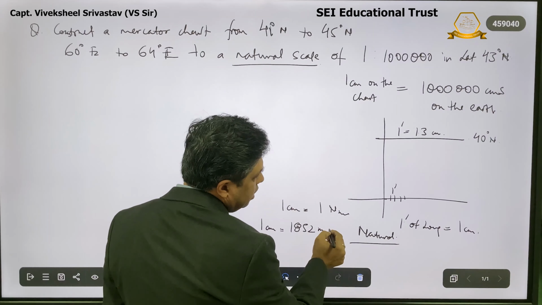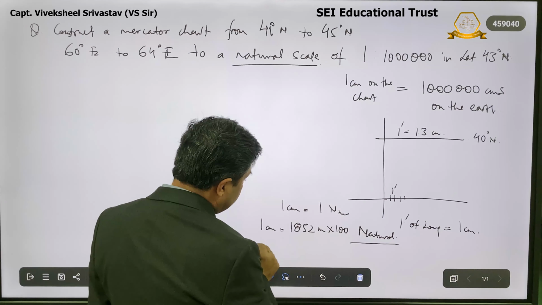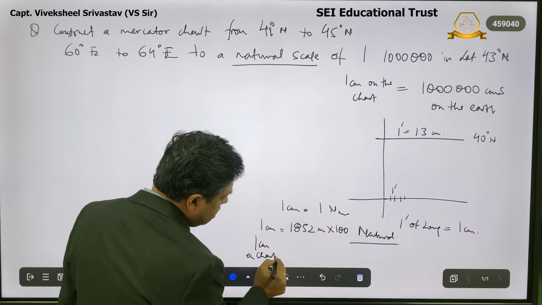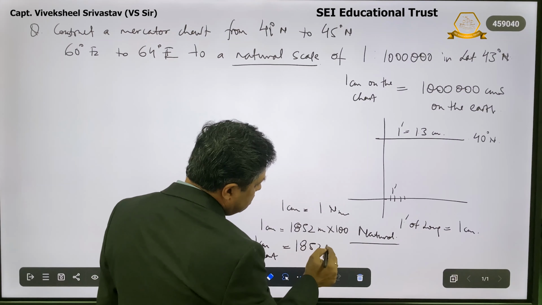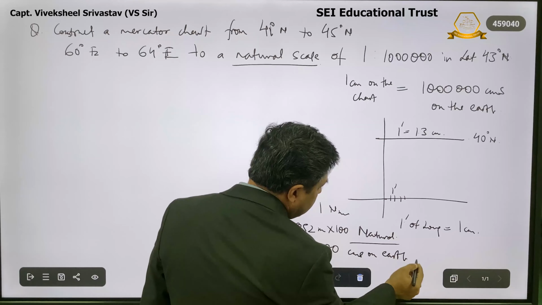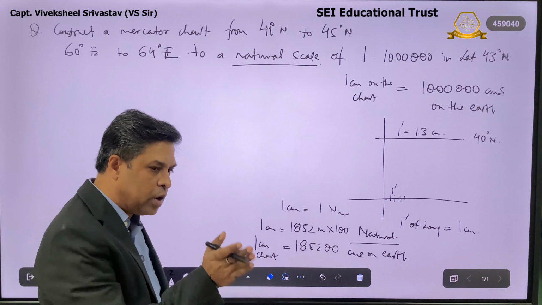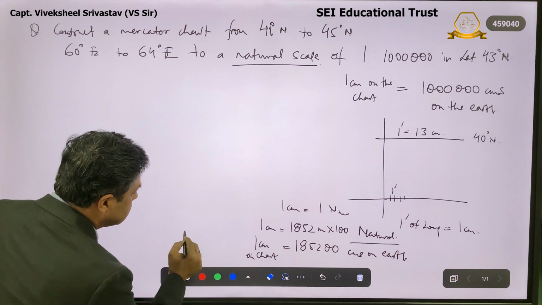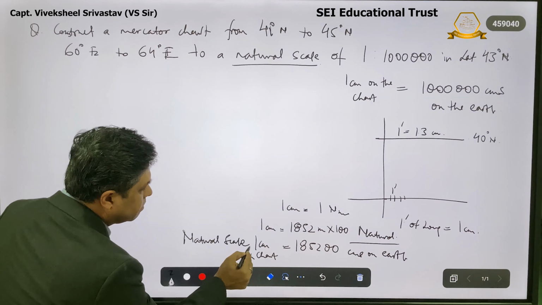And you multiply it by 100 to get centimeters, and you will get 1 centimeter on chart will measure 185200 centimeters on earth. Okay, so we assumed the longitude scale last time, and we can figure out what will be the natural scale. This will be the natural scale.